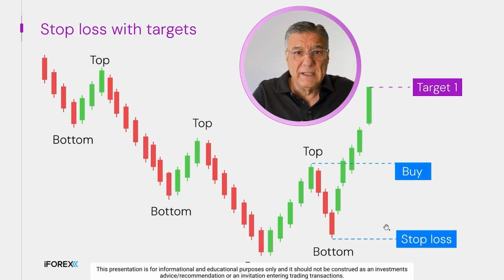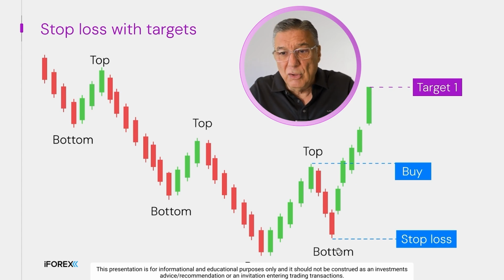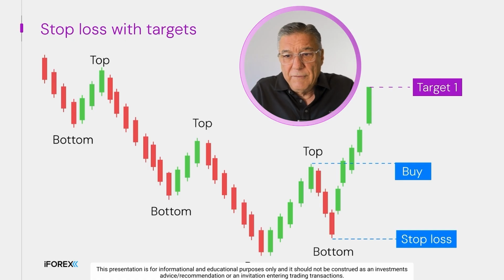So again, once again, a downtrend is defined by successively lower tops and bottoms, then a reversal, we enter right above the top, protective stop loss right below the most recent bottom, and based on our system, the profit target is right here. We can book all our profits here at target 1.